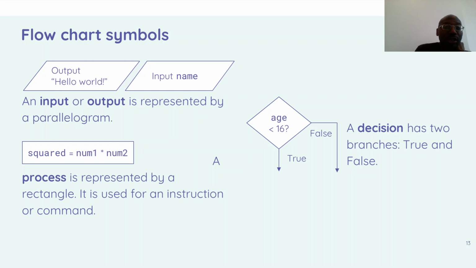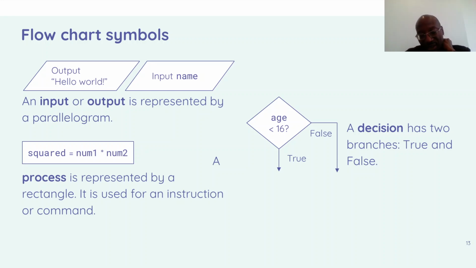Then you have output, hello world. Input, name. When I mentioned that to you before, an input or an output is represented by a parallelogram. Not a square, a parallelogram. Squared equals number 1 times number 2. Process. This is represented by a rectangle. It is used for an instruction or a command.